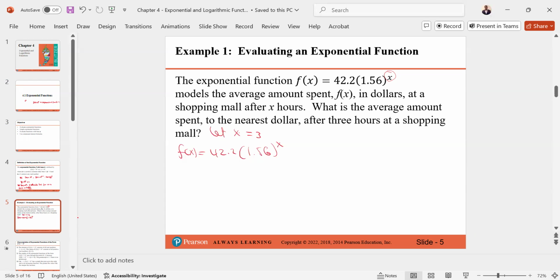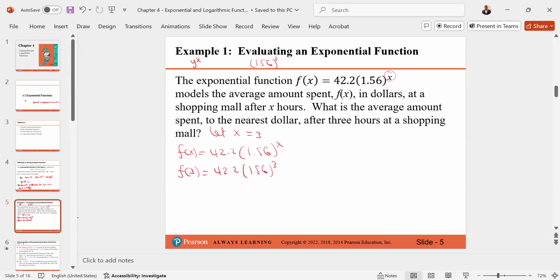Now, if you substitute x for 3 because you spent 3 hours, 42.2 times 1.56 power 3. Remember, the exponent here is not for the 42.2. It's only for 1.56. In your calculator, probably you would see one of your keys as y power x. So for us, y would be 1.56 and x would be 3.